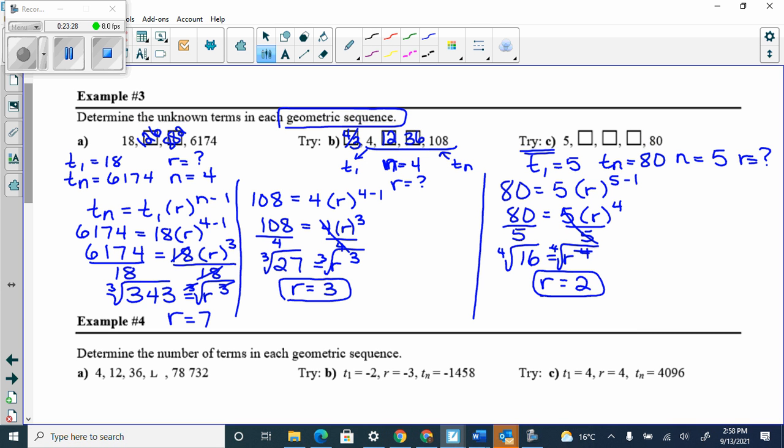Your homework for this: we finish up geometric sequences tomorrow and start series as well. Then we're almost done the unit. But just so you know, we're putting together sequences and series and the first unit of quadratics as one test. Why do I do that?